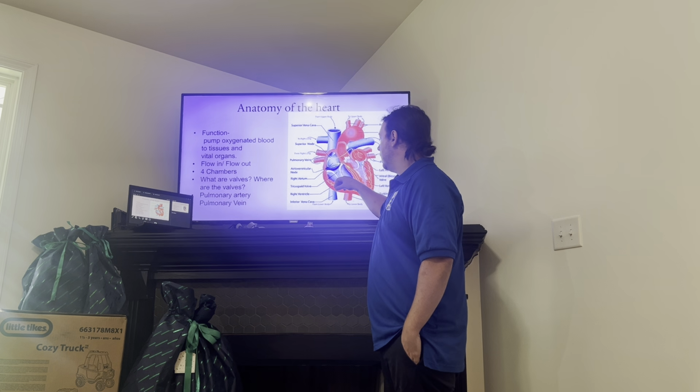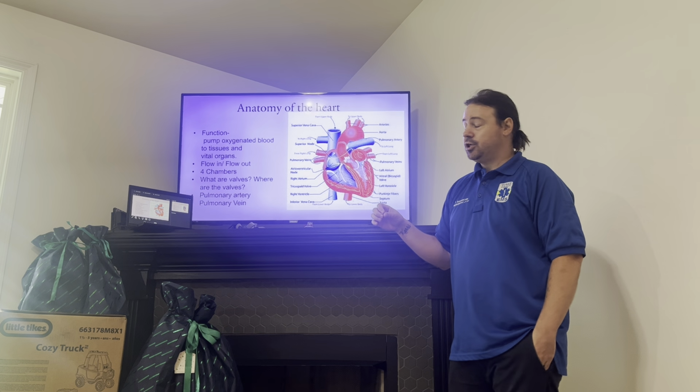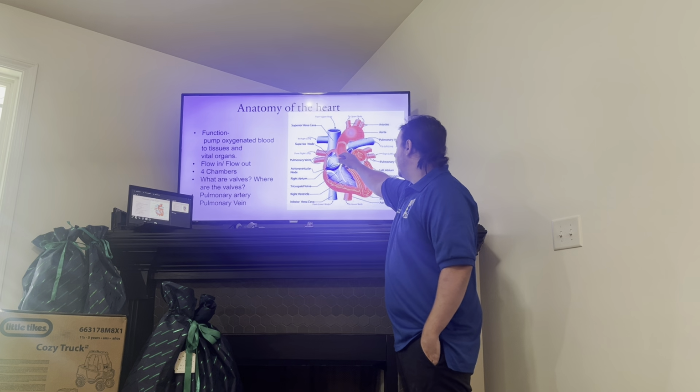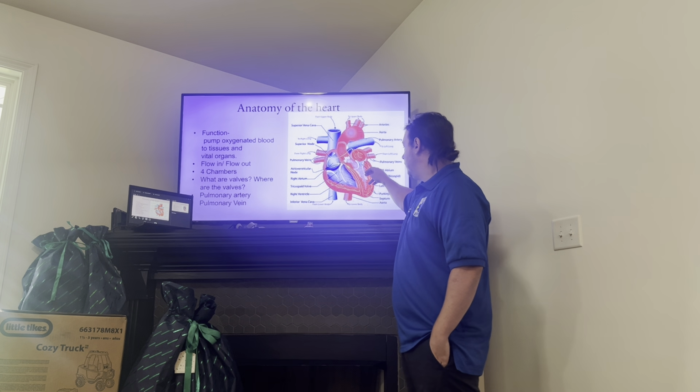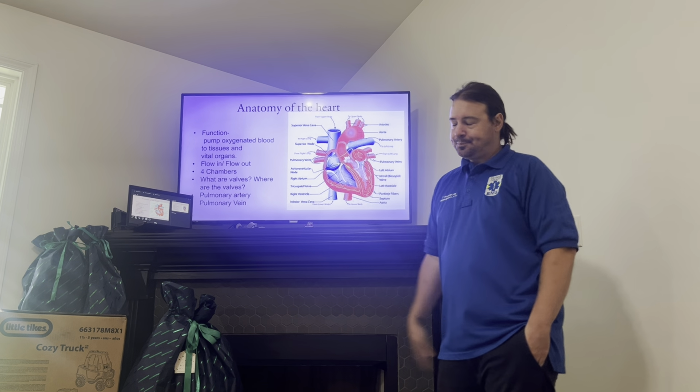And then from there it goes to the pulmonary vein, which is the only vein in the body that actually carries oxygenated blood. And it brings the oxygenated blood into the left atrium, which then goes to the left ventricle and is pumped through the aorta to the rest of the body, right?